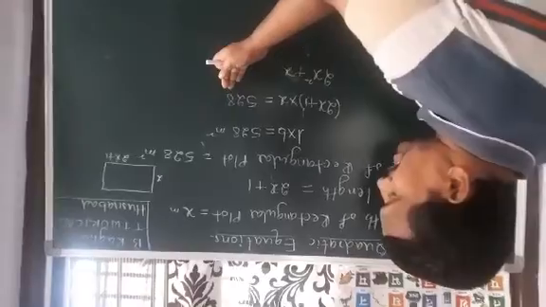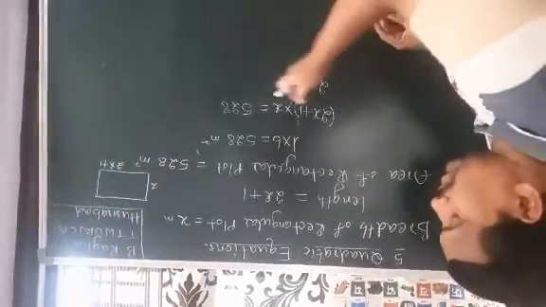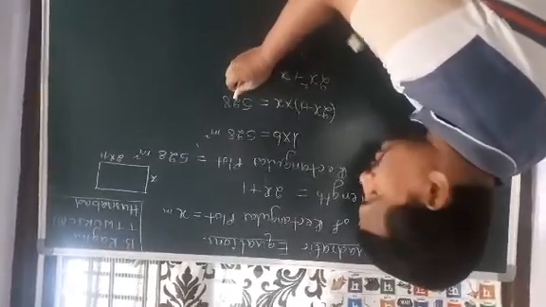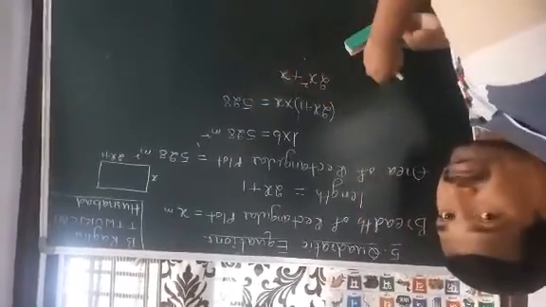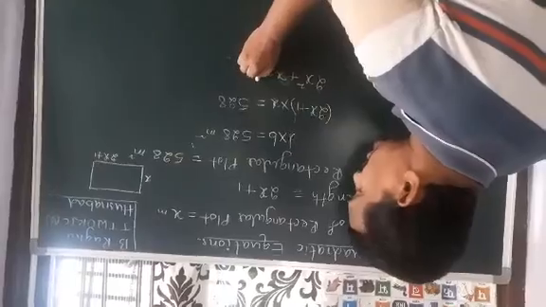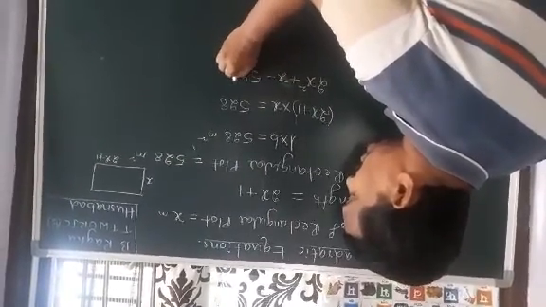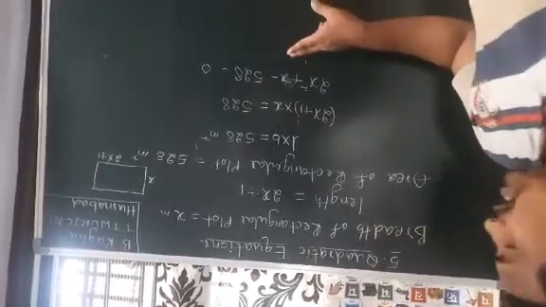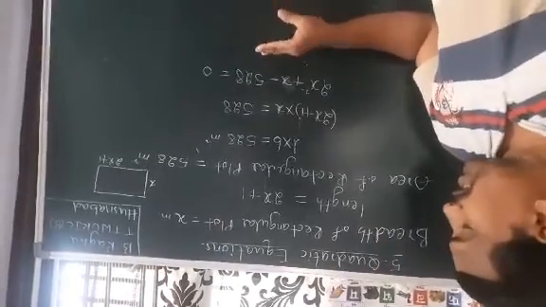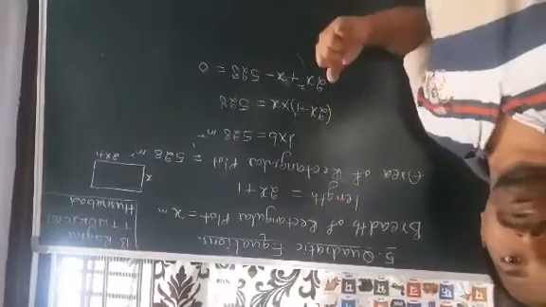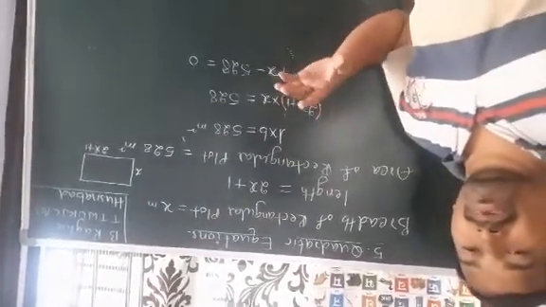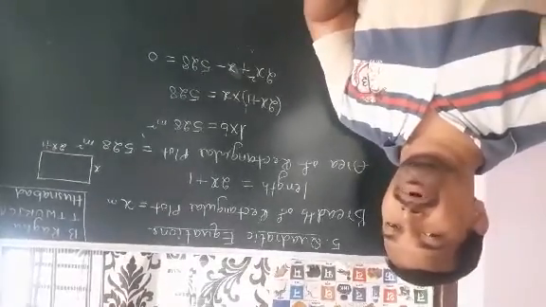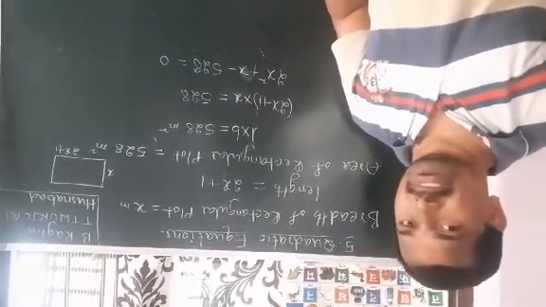Take the right side term to the left side, transpose. Plus 528 transposes to the left side, plus becomes minus. 2x square plus x minus 528 equal to 0. So it is the quadratic equation corresponding to this situation. So here we are forming quadratic equations corresponding to the given situations.